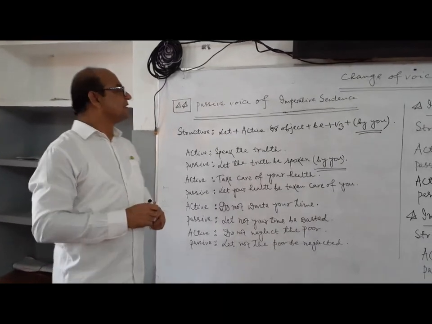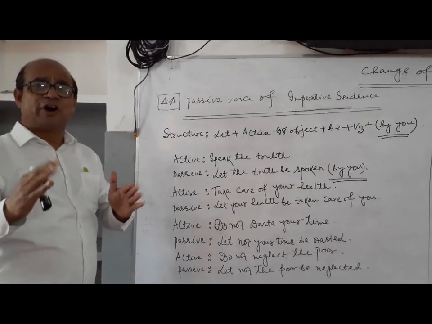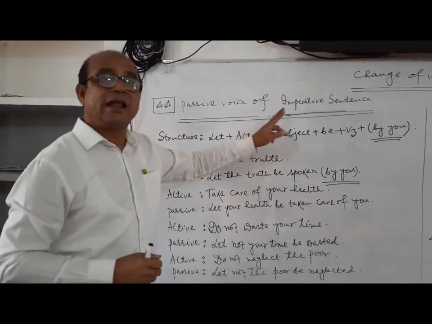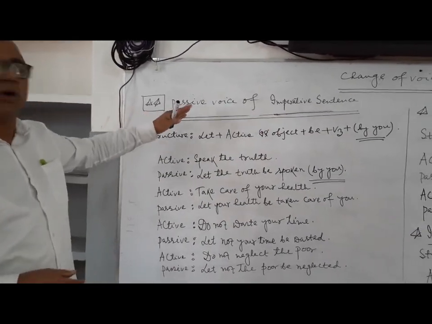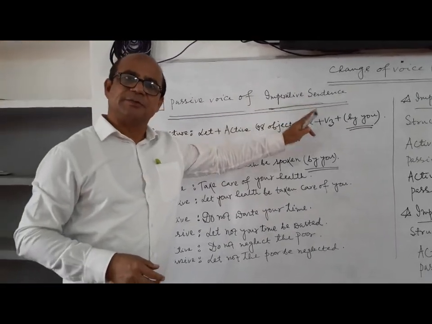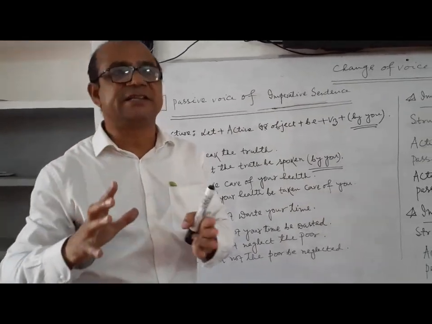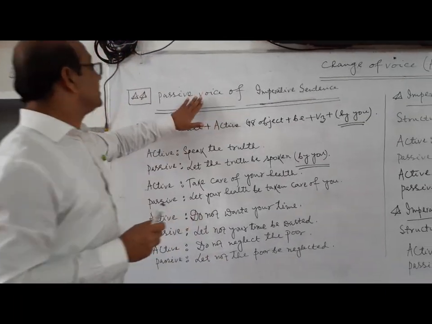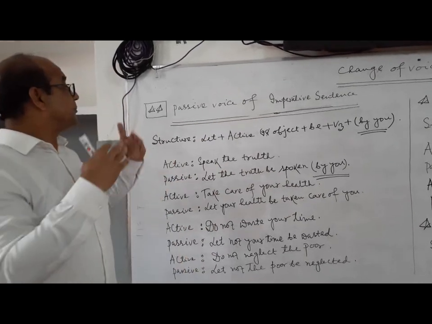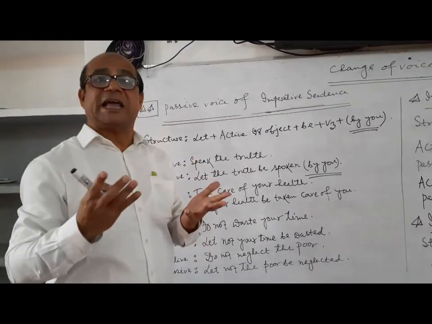My dear students, now I will show you how you will change the voice from active to passive if the sentence is given in imperative mode. Here I have also written passive voice of imperative sentence. But you know one thing, wherever you face voice change in your exam script, it is not written voice change of imperative sentence, or passive voice of interrogative sentence, passive voice of assertive sentence.